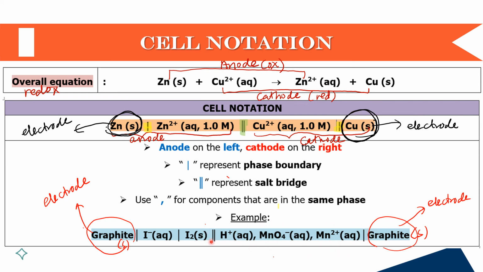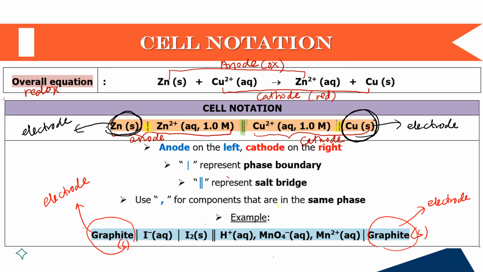Everything that you see over here is actually the chemical reaction that occurs at the cathode. We put the comma sign just to show that it is a different substance but it has the same phase. But if it has a different phase, we will put this line to separate aqueous and solid.